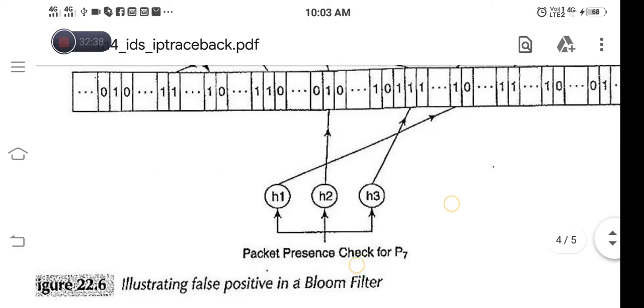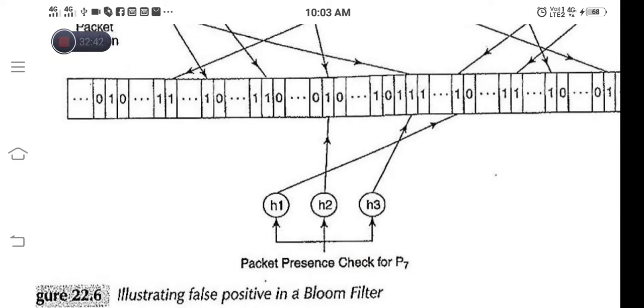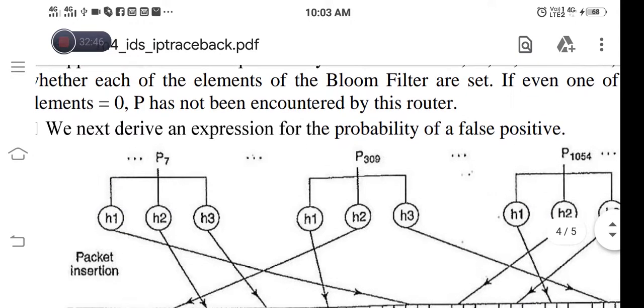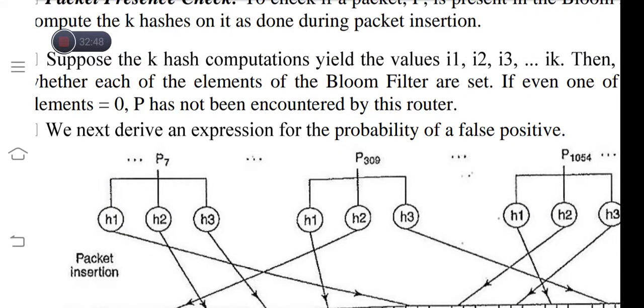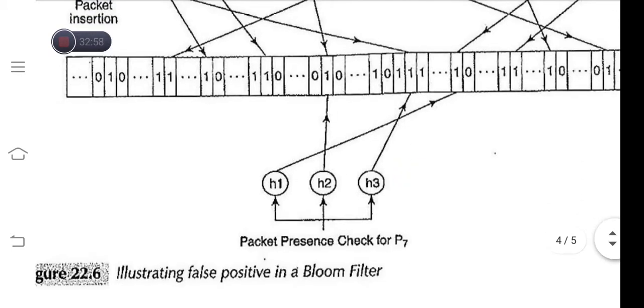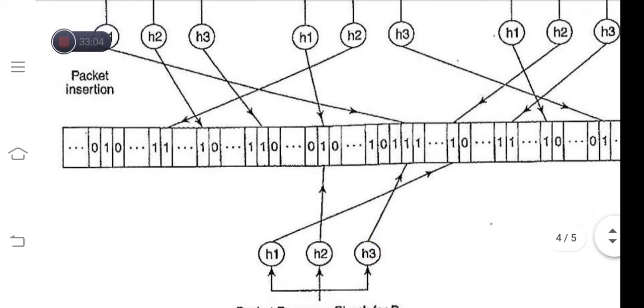Okay. So now let us assume we are performing the packet presence check with respect to the packet number P7. For P7, we applied H1, H2, H3 initially while storing into the Bloom filter also. To check whether the particular packet information is present in the array, again we perform the hash functions H1, H2, H3, which give the same indices into the array.